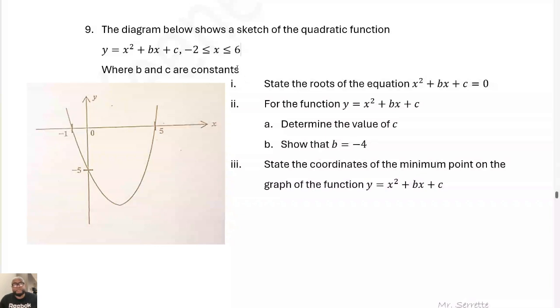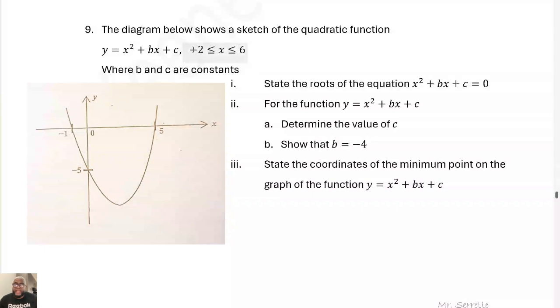Let me see who was paying attention. Somebody said 13? It wasn't that when I just said the value of c. -5. Yes, the value of c is your y-intercept, which is -5, right? Now, let me separate this a little bit.